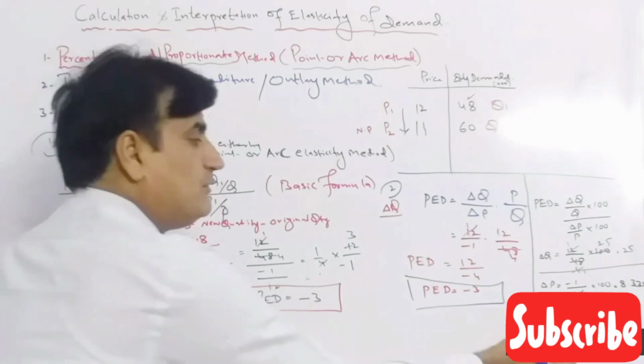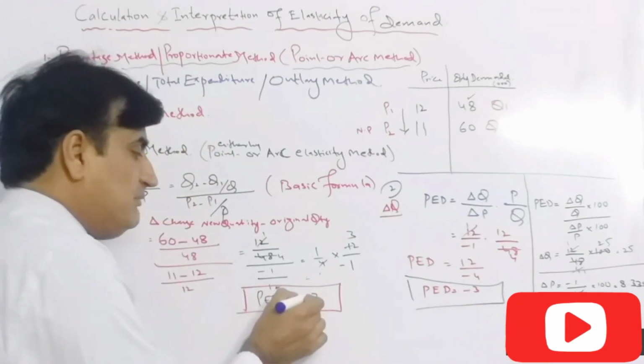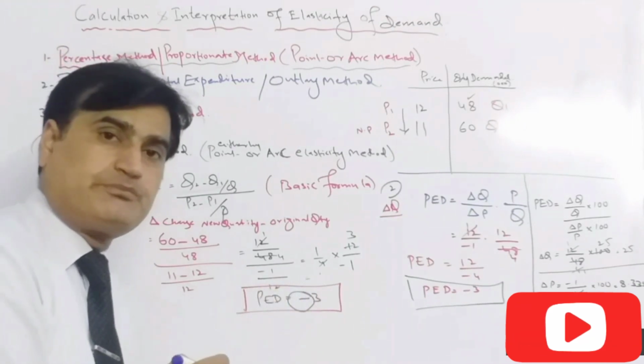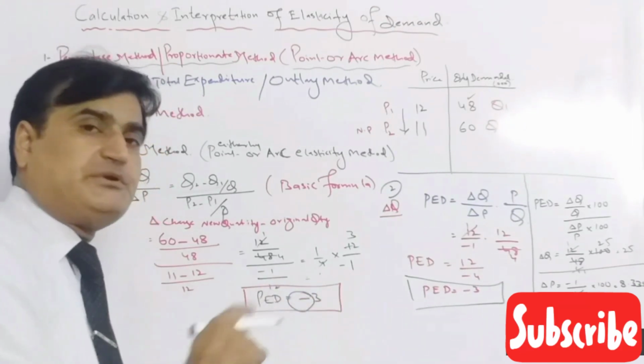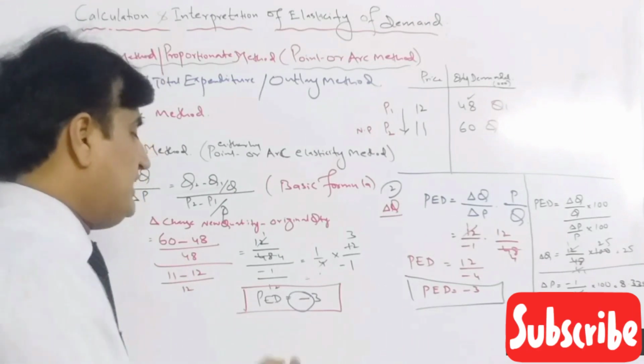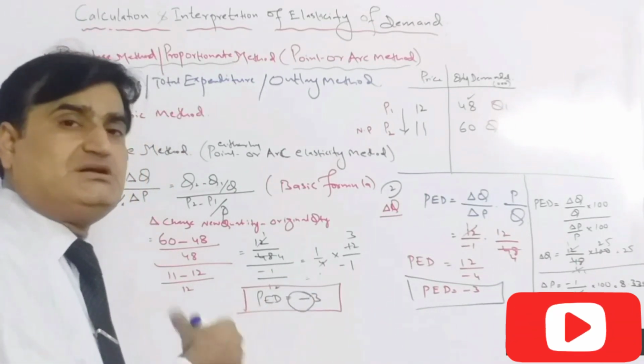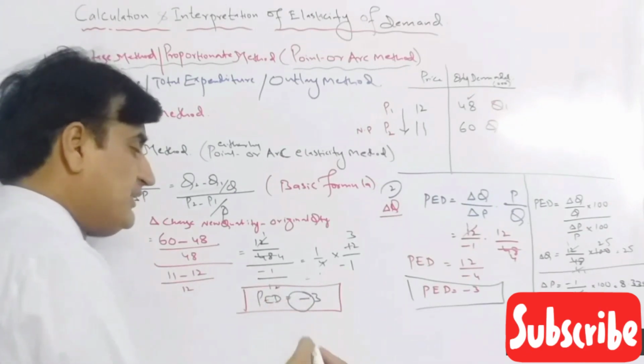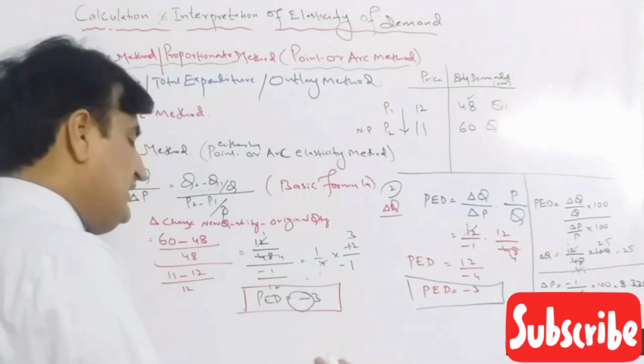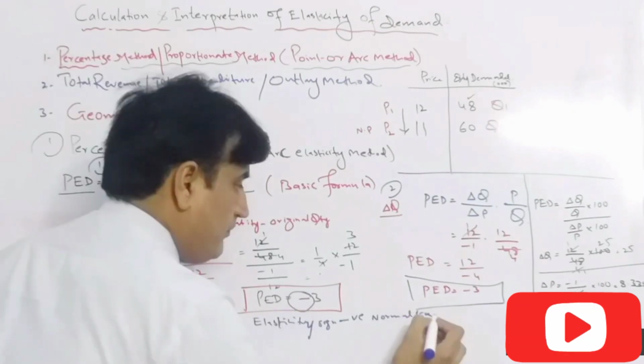To calculate the elasticity through the proportional method, by using the point elasticity method, remember that the sign will be interpreted separately and the value will be interpreted separately. When the sign is negative or positive, it tells about the nature of the commodity. When the elasticity is negative, it means the goods are normal.